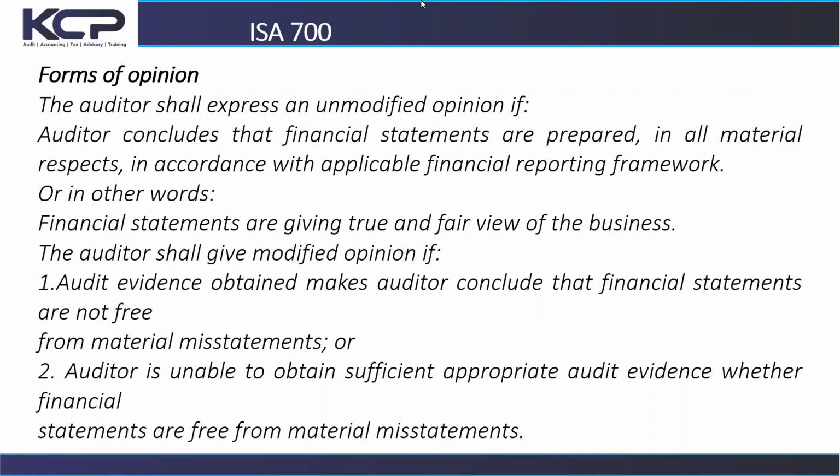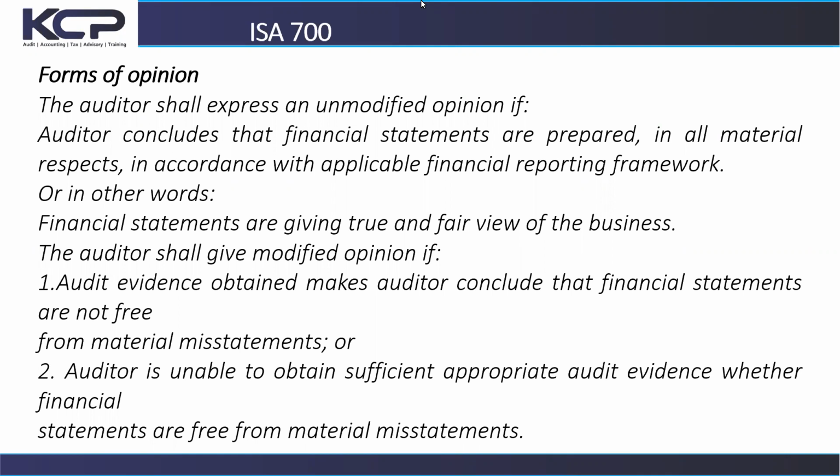Then still on ISA 700, forms of opinion. The auditor shall express an unmodified opinion if, so we have modified and unmodified, the auditor concludes that the financial statements are prepared in all material respects in accordance with the applicable financial reporting framework, or in other words, that the financial statements give a true and fair view of the business.